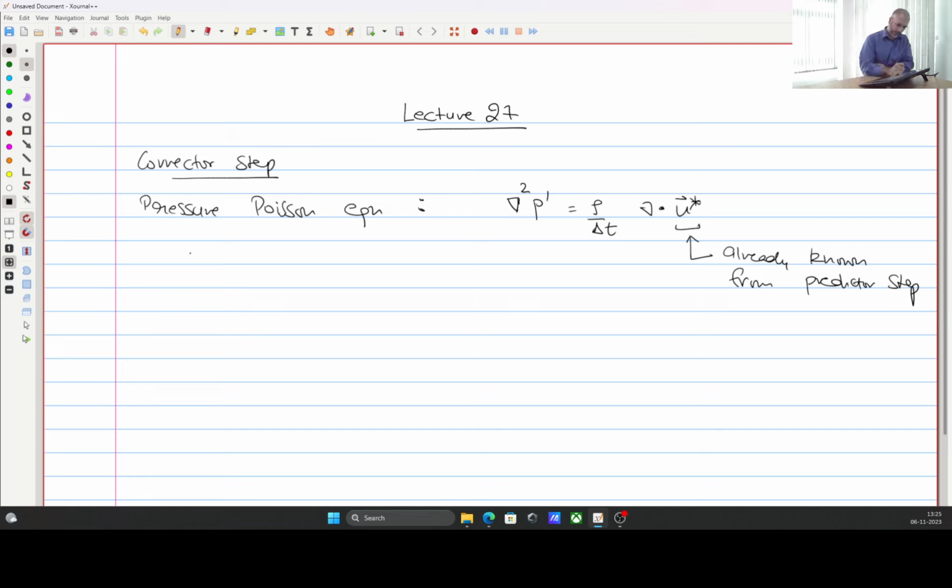So once you solve this equation, then you can find Pn plus 1 as the pressure at the nth time plus P prime that you've just solved. So let's discretize this using the finite volume method. This time we'll go very quick because we have already learned how to deal with this kind of an equation in the stream function equation. If there's any question, then you can always ask. Otherwise, I'll keep moving on.